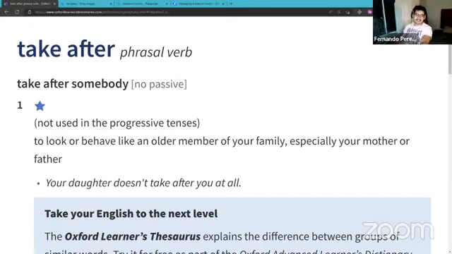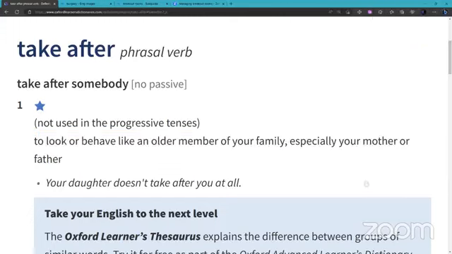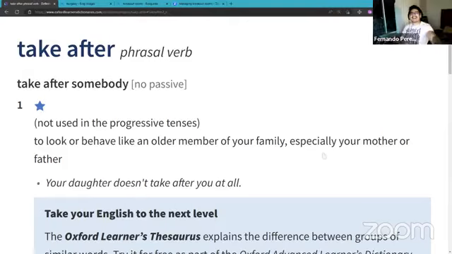What portion again of the definition? Look or behave like. Your daughter doesn't look like you at all. Exactly. Doesn't look like you at all.